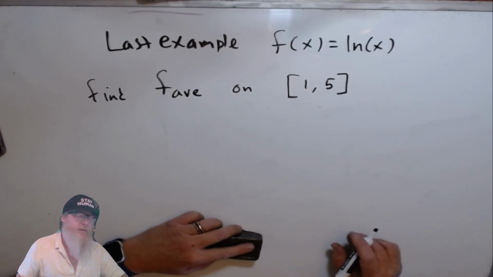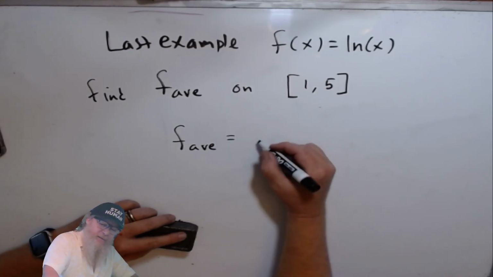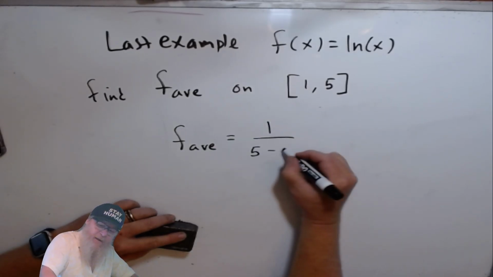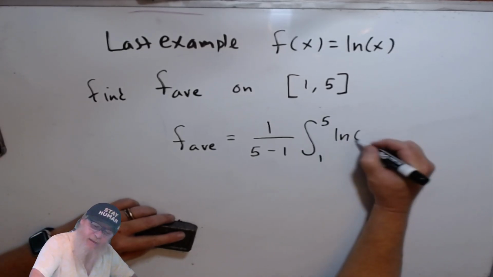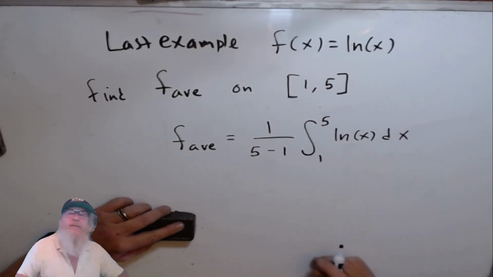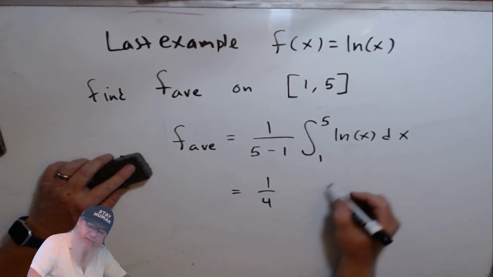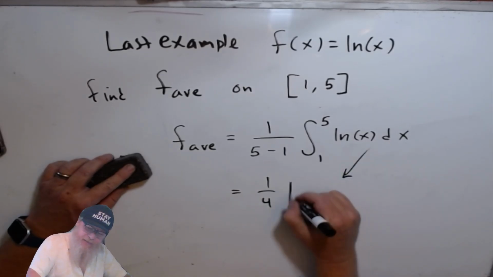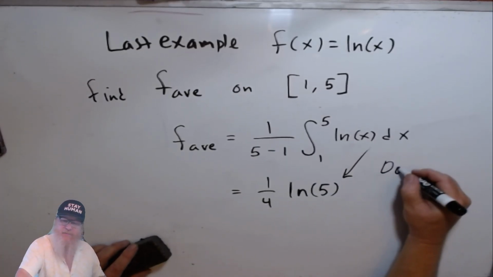All right, let's do it. Well, f(av) is 1 over 5 minus 1 times the integral from 1 to 5 of ln of x dx. Using our fun fact, I know that this is the ln of 5. Done.